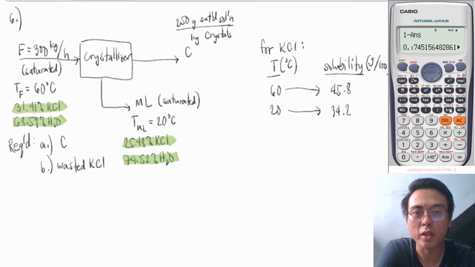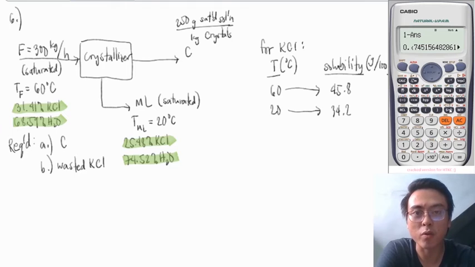The adhering solution comes from the mother liquor because when crystallization happens, the crystals and the mother liquor are together in the same container, mixed together, but they are filtered so you can get your crystals and your mother liquor separate. But there's an adhering solution, and that adhering solution comes from the mother liquor. Thus, it has the same composition as the mother liquor.